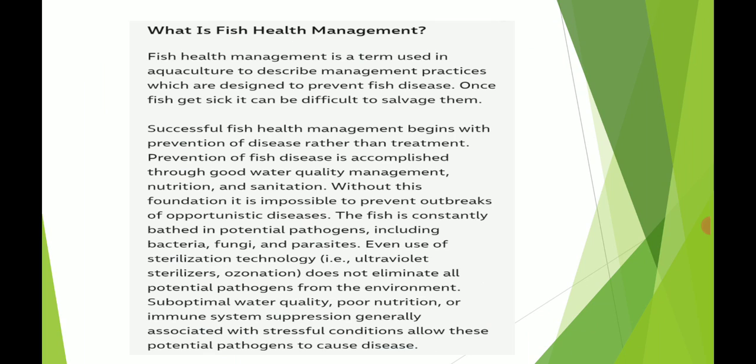Suboptimal water quality, poor nutrition or immune system suppression, generally associated with stressful conditions, allow these potential pathogens to cause disease. The various pathogens, environmental factors, fungi and bacteria all produce various types of diseases in the fish.